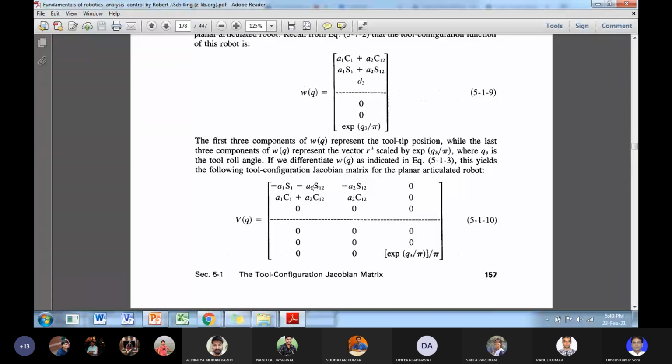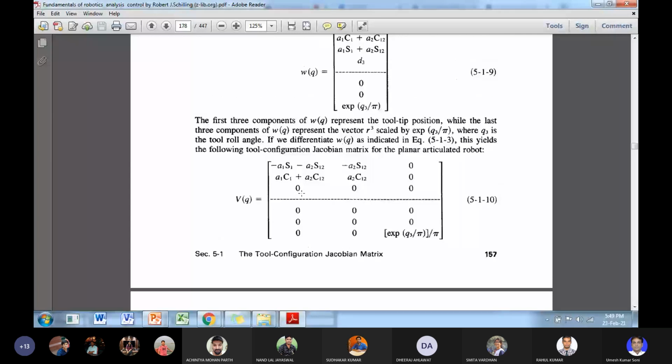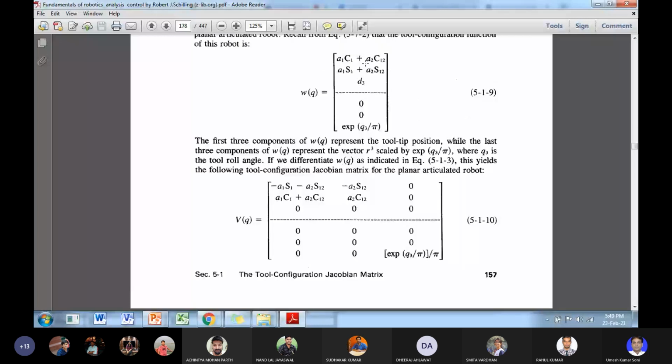Okay, and this number of elements in the vector, 6 elements in the vector, this represents the links. Okay, and 3 joints are there. So no, actually these all 6 elements represent the elements of the tool configuration vector, and it has 6 elements.